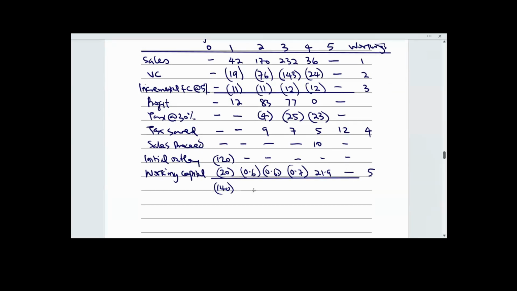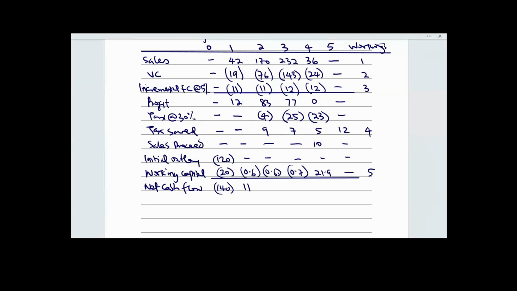12 minus 0.6, that's 11.4, right? This is the net cash flow. If you like, you can round it, which is 11.